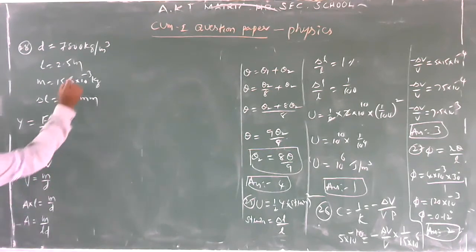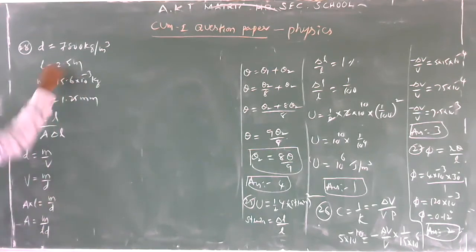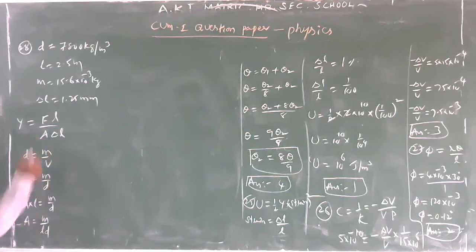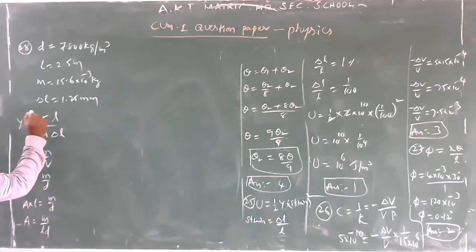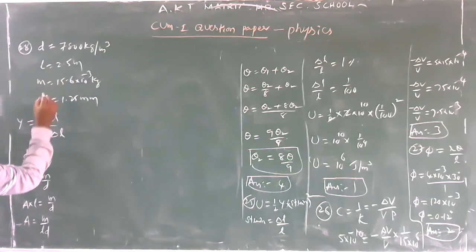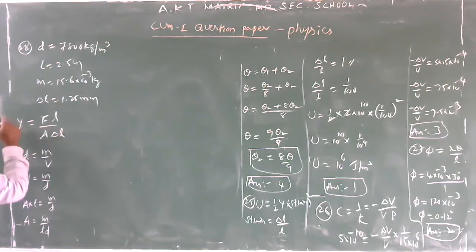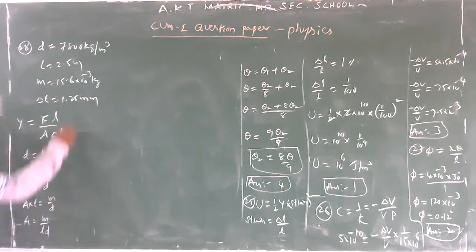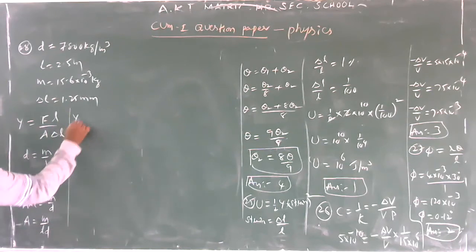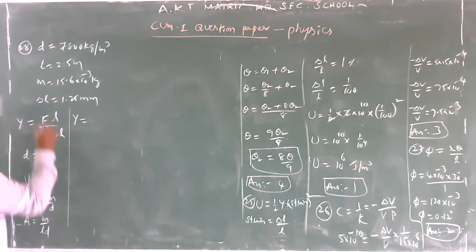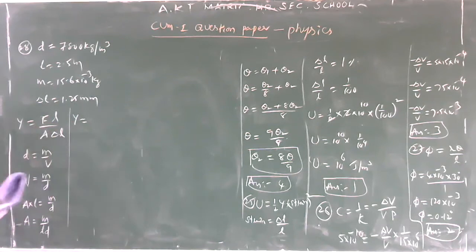Here mass is given, length is given, density is given. So first we have to find the area of cross section. After that, with area A, force F, initial length and change in length, substitute in this equation and you will get Young's modulus. So Young's modulus Y is equal to F, what is F here? F equal to mg. The load applied is 8 kg.